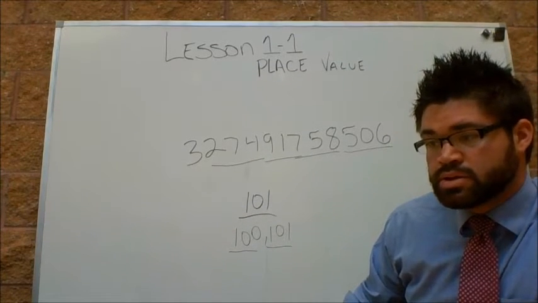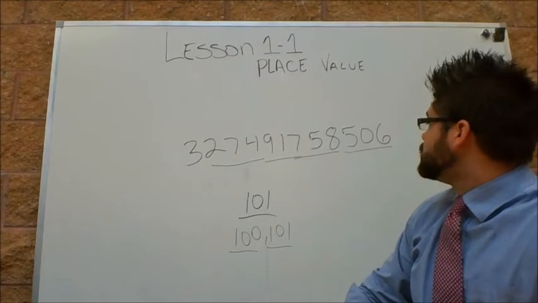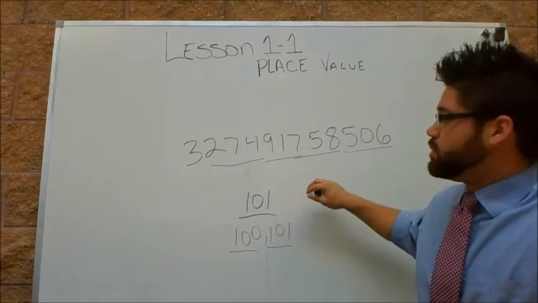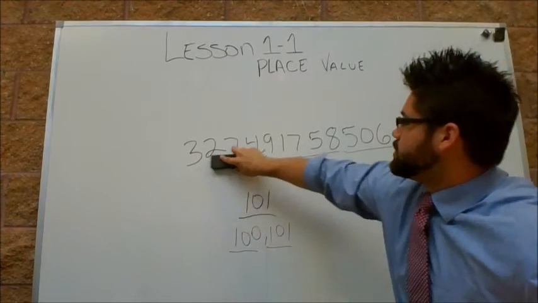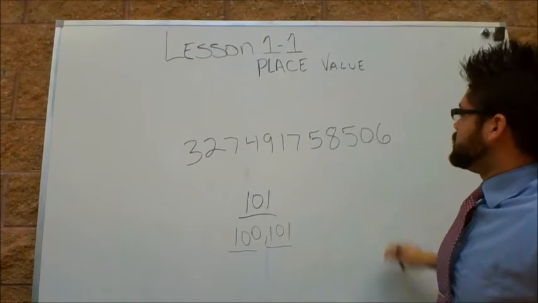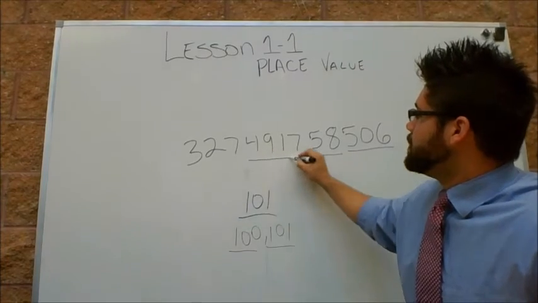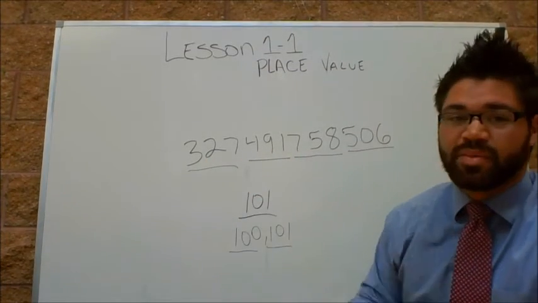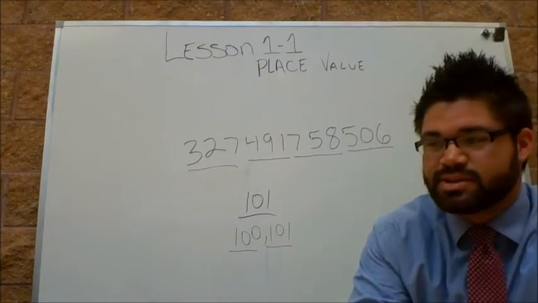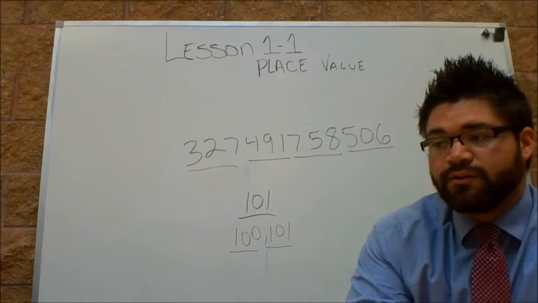Okay? So, oh, I doubled up on a number. Let's redraw those. Ones, thousands, millions, and then the billions, right? We all make mistakes. Mr. Hall does too. So, we're looking at 4 different periods.